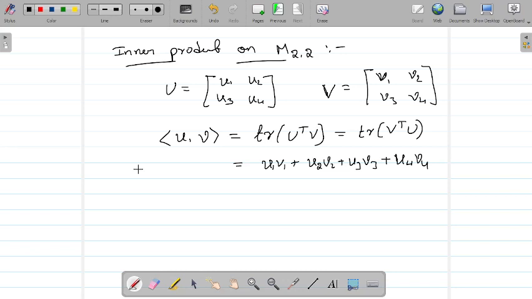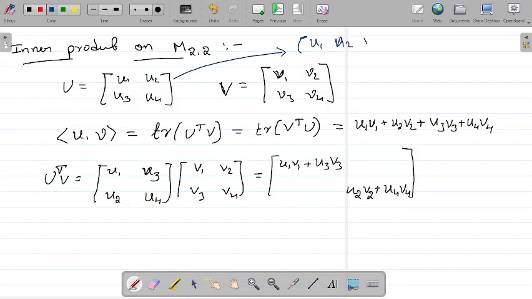Okay, now if you observe, this is looking like a dot product on R4. If you rewrite this matrix as a row vector, U1, U2, U3, U4, and this one as V1, V2, V3, V4, the dot product of these two is exactly this.